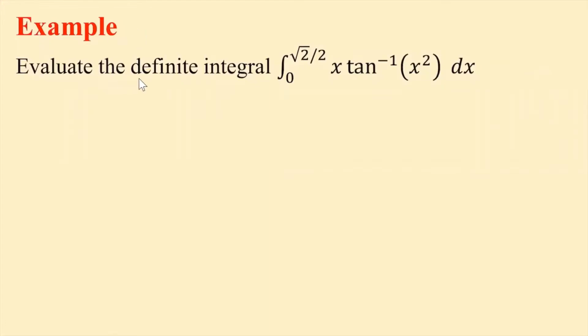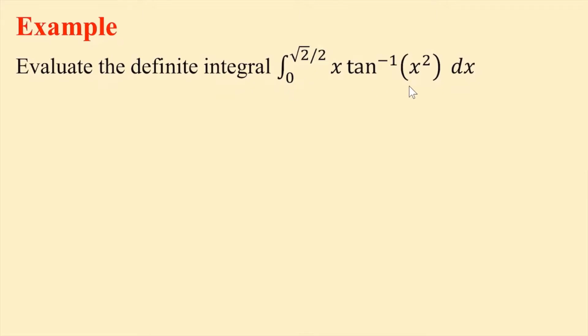Example, evaluate the definite integral from 0 to square root of 2 over 2 of x tangent inverse x squared dx. Now, looking at this integral, this is the product of two functions. Because this is the product of two functions, we are going to use integration by parts to evaluate this integral.